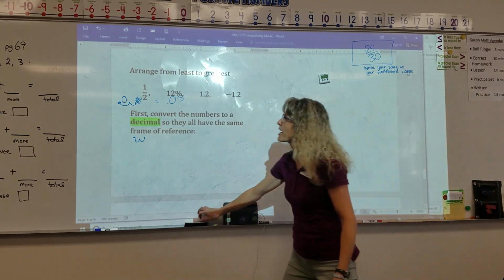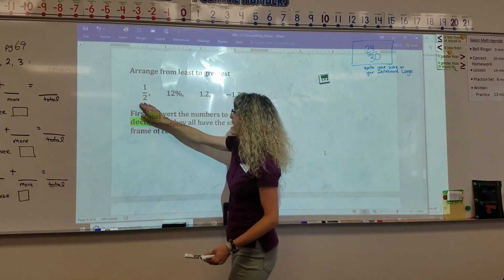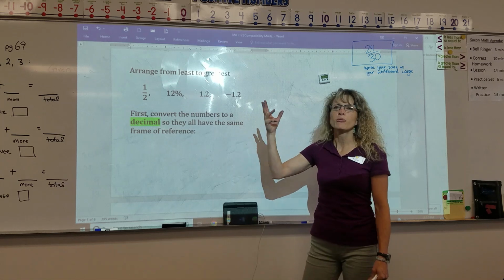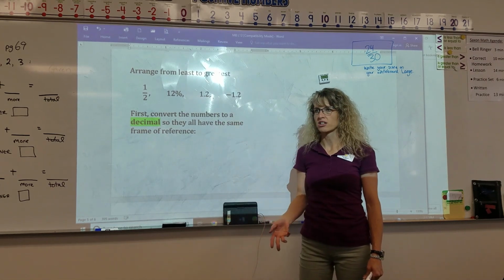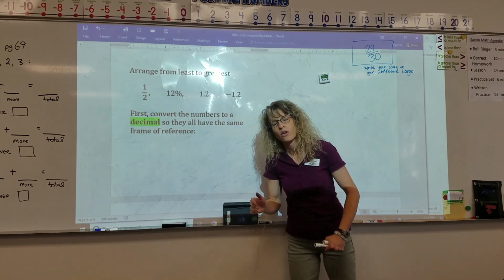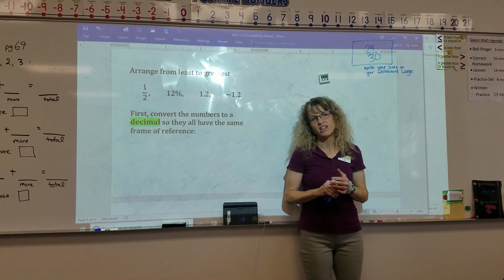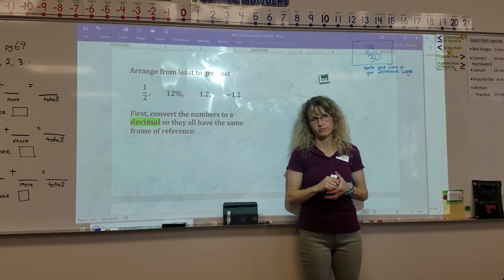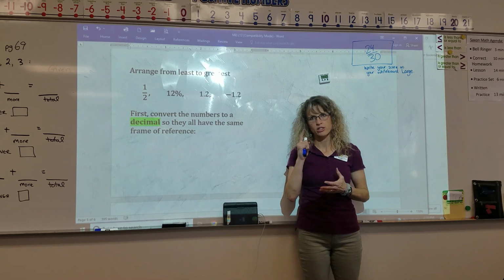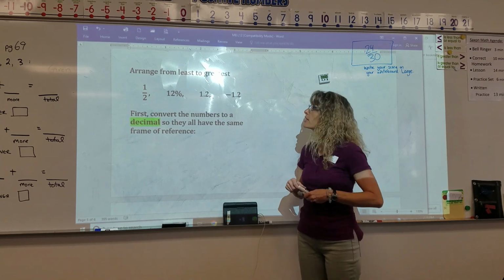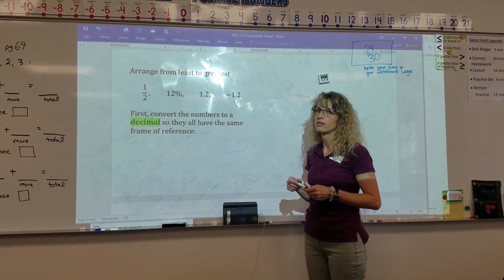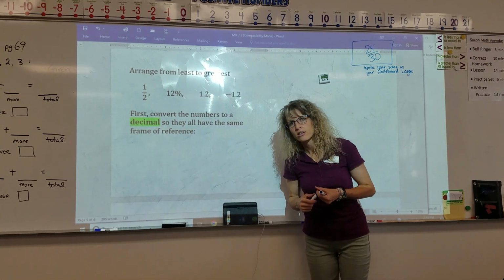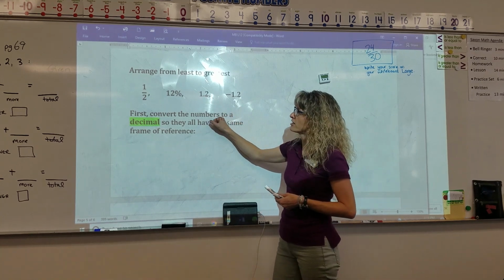Arranging least to greatest. Before you arrange fraction, percent, decimal, put them all in the same form. So either put them all in percent, or all in fraction, or all in decimal. Look at them. Which form would be easiest to change them into? Rachel. So either all fractions. Should I change that to a fraction, a fraction, a fraction?